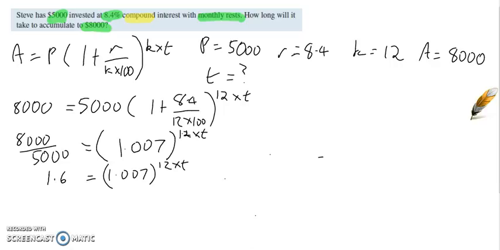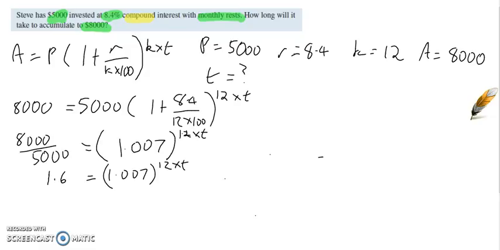So what we do, we put in a number and use trial and error and try and systematically get down to the correct answer. So when I look at this, I have 1.6 equals 1.007 to the power of 12 times t. I substitute a number in t and see how close I can get. I'm going to start with 5. What number do I choose? It's completely arbitrary.